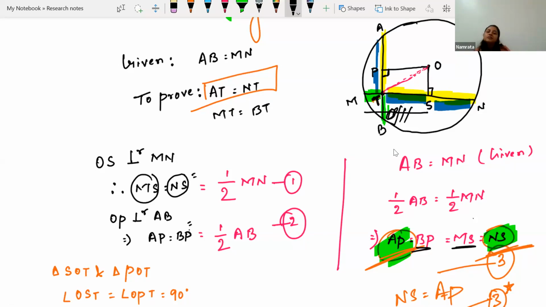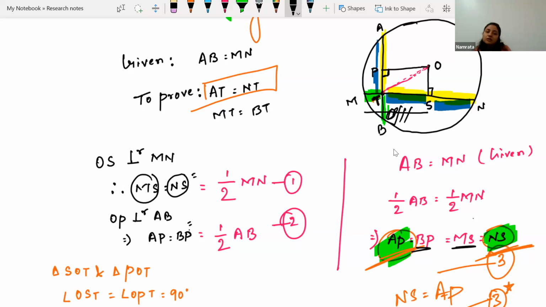Both are intersecting with each other, and we have to prove that the corresponding segments after getting cut, the corresponding parts of the chord, will be equal with each other. Okay, that's what we want to prove over here.